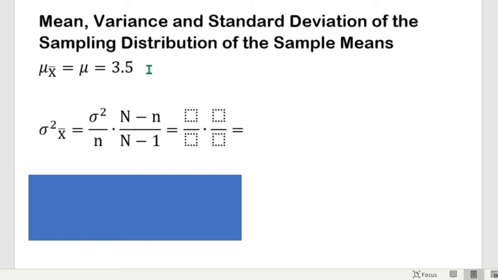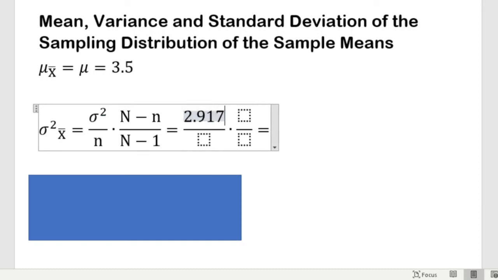Next, we have to calculate the variance of the sampling distribution of the sample means. We have this formula, and we will just input the given values. We have the variance of the population, which is equal to 2.917, where n, the sample, is 2, since we are going to draw 2 out of 6 numbers. And we have N, the population, which is 6, minus the sample, which is 2, and 6 minus 1.